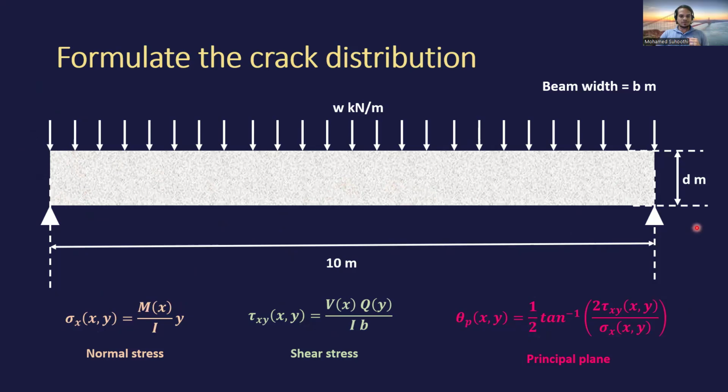The bending moment, because I am going to take the simply supported beam, at the mid span you will get the maximum value, right? So at the end you will get the normal stress and shear stress as functions of x and y. Similarly, you will get the principal plane also as a function of x and y.